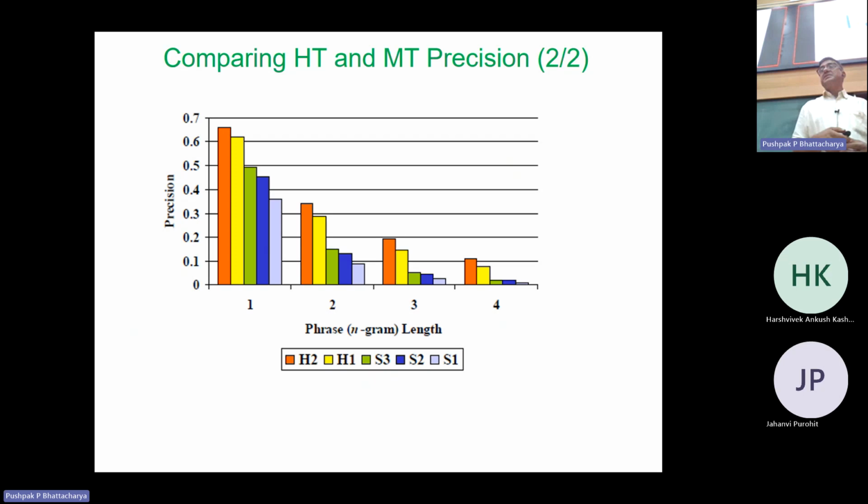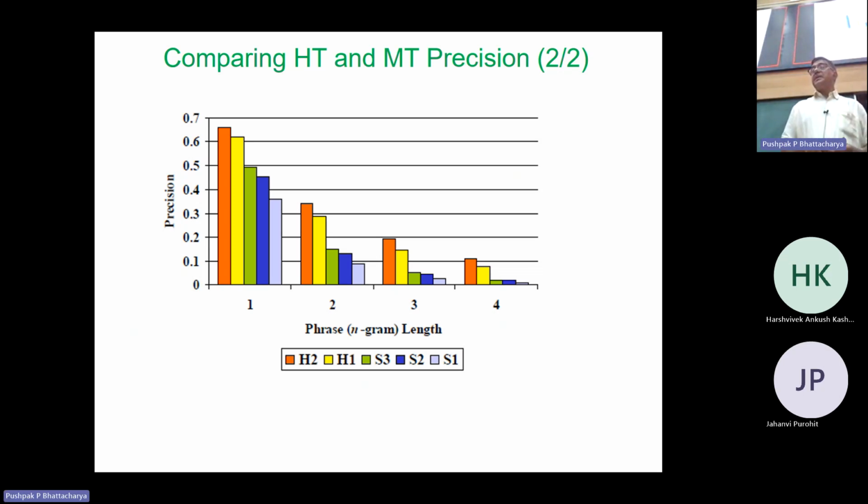Now let's look at this diagram, which is a very famous diagram. First, we have the x-axis. X-axis is 1, 2, 3, 4. They correspond to unigram, bigram, trigram, and quadrigram. Let's take unigram, and there we see a red bar, yellow bar, green bar, blue bar, and a sky blue bar.